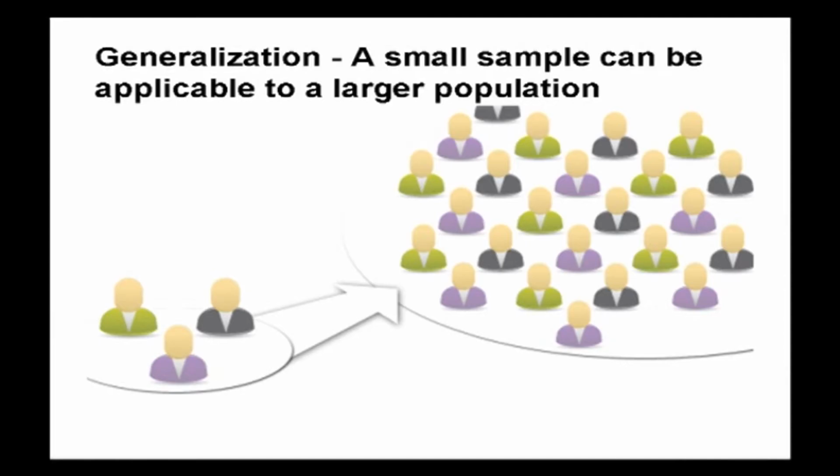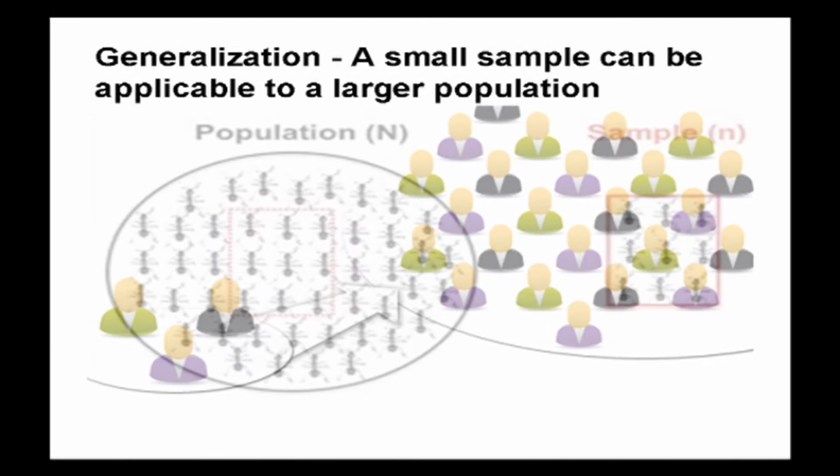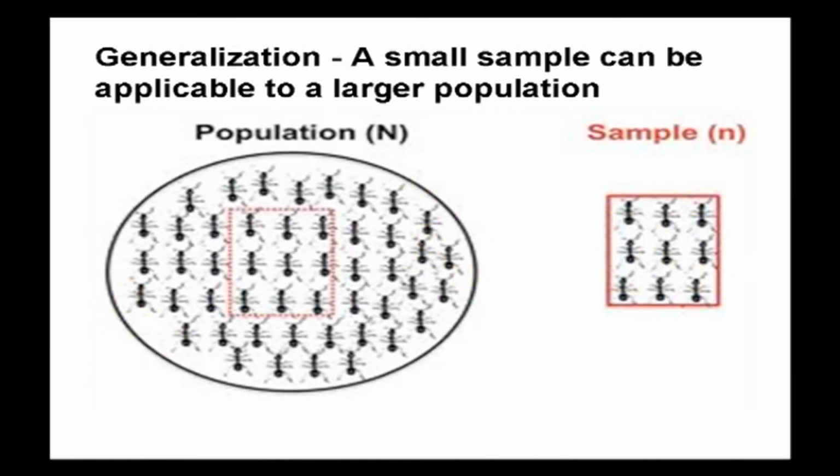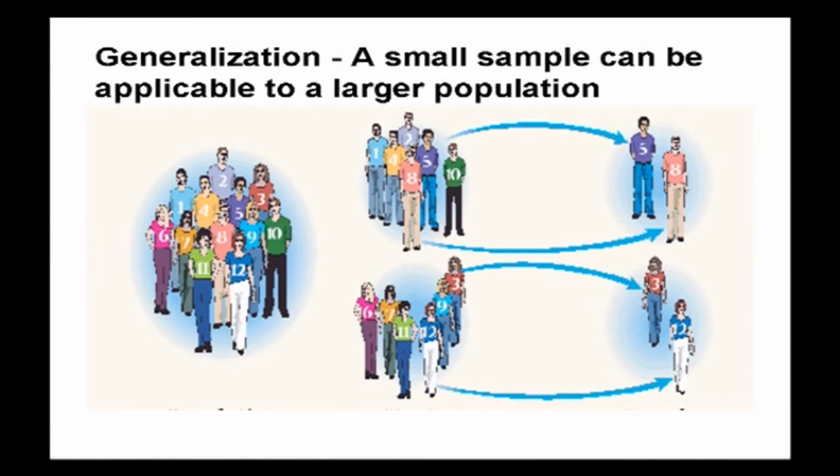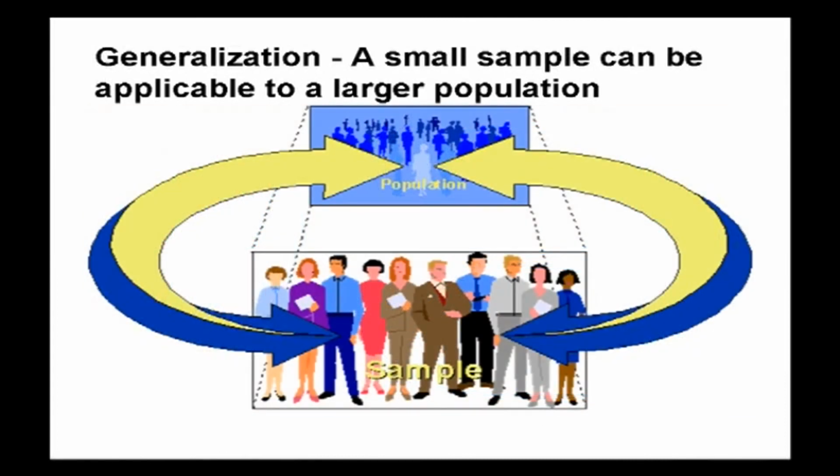The fourth one is generalization. Generalization refers to how best the data collected from a sample can be utilized for drawing generalization, which may be applicable to a large group. The conclusion of the study conducted on a small sample should be good enough to be applicable to a large population.